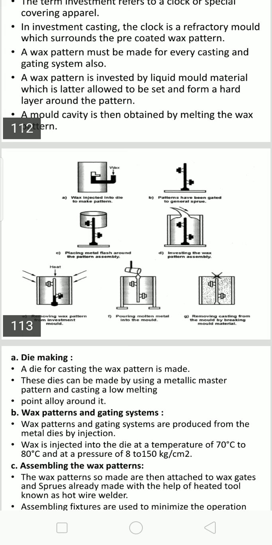After solidification, the whole box is removed and sent for cleaning, and the properly solidified casting is removed and cleaned. That is exactly the procedural steps involved in investment molding, precision casting or lost wax process.